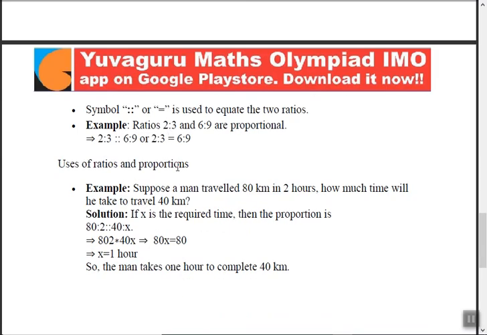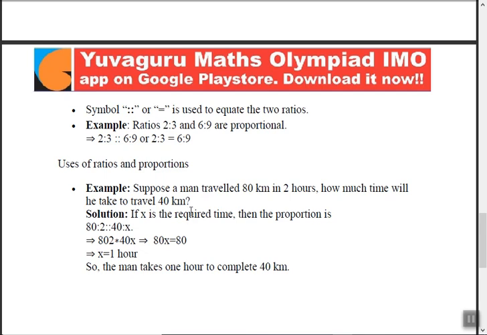How to use these ratios and proportions? See here, suppose we see this example. Suppose a man travels 80 kilometers in 2 hours, how much time will it take to travel 40 kilometers? See here, in 2 hours he is traveling 80 kilometers. Means what are you doing actually? You are converting it to unitary now. 2 hours 80 kilometers, so 1 hour how much? So that is 40 kilometers.